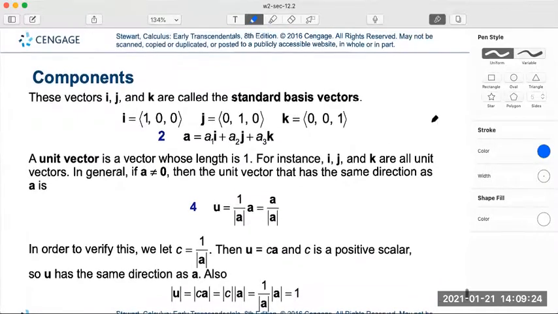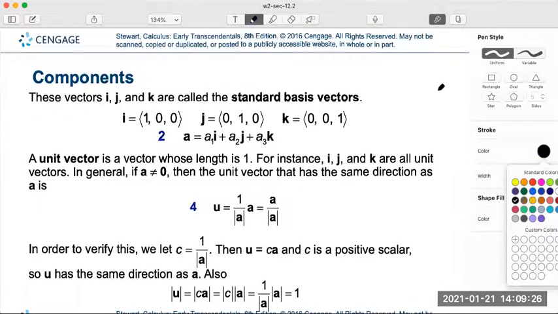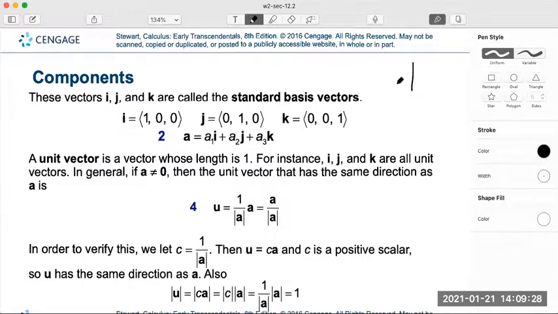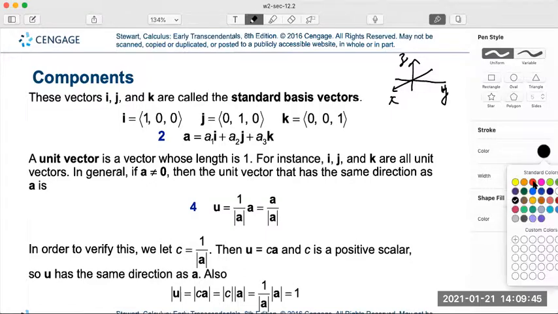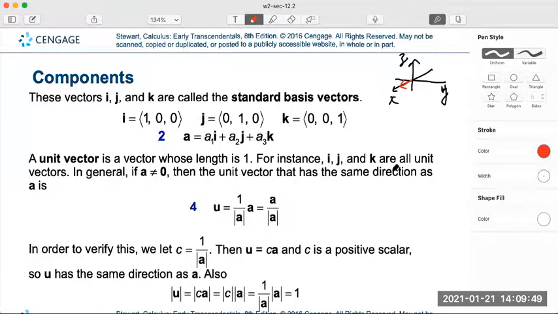So remember, in 3D, there are 3 coordinates, 3 axes: axis X, axis Y, and axis Z here. So I is the unit vector of the OX axis, with coordinates 1, 0, 0.